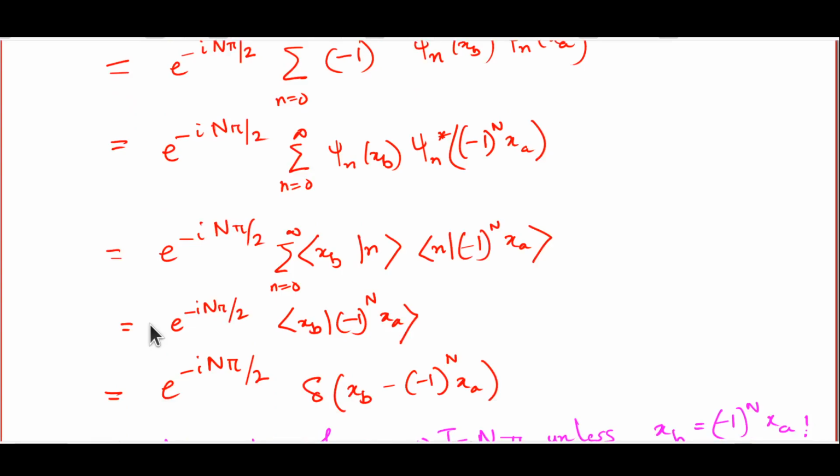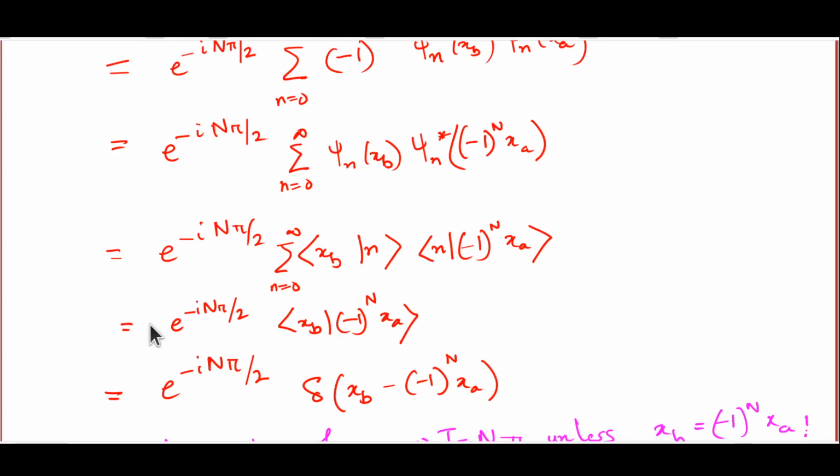Given the fact that the sum over n of the ket n bra n combination is nothing but the identity, this simply becomes an overlap between position eigenvectors with eigenvalues x_b and (-1)^N x_a respectively. And so you end up with e^(-iNπ/2) times the delta function of x_b minus (-1)^N x_a.